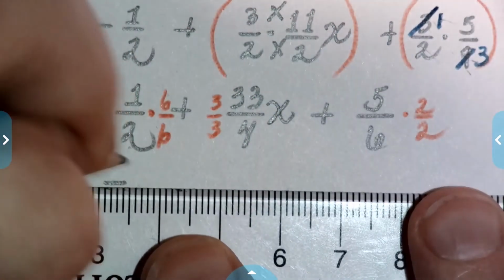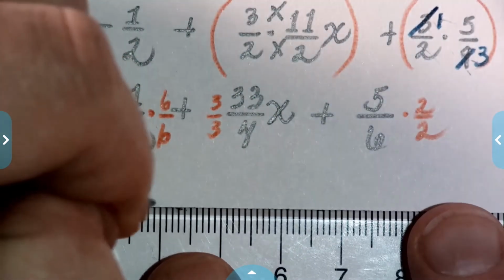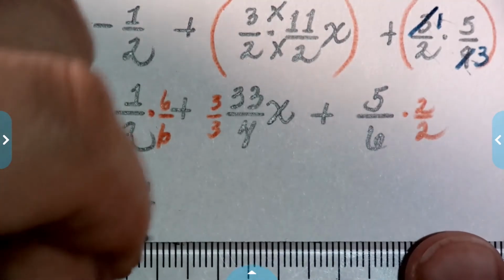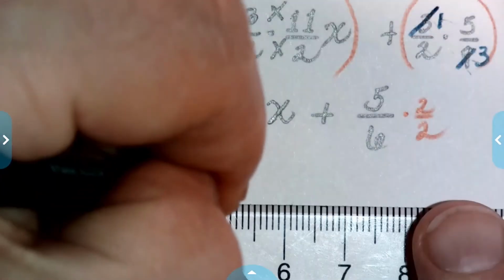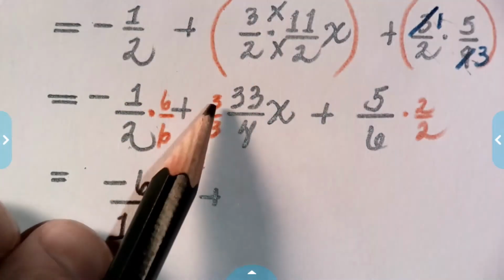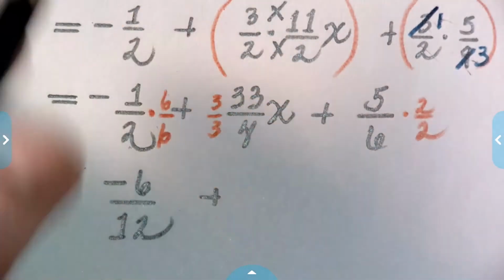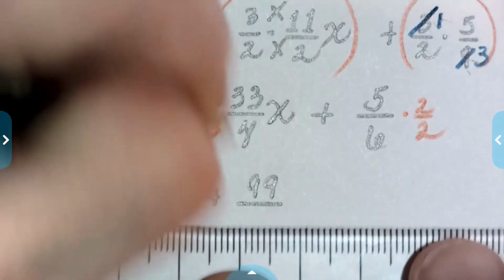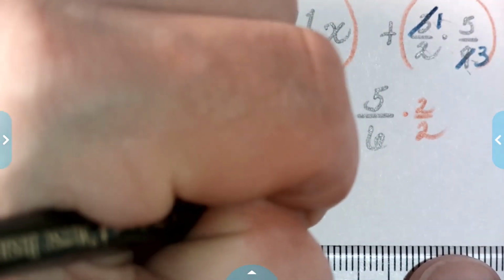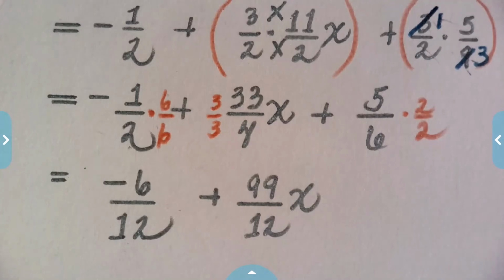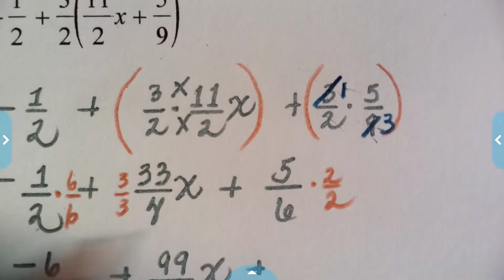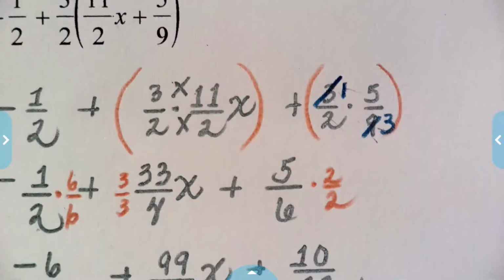So I've got negative 6 over 12 plus 3 times 33, that's going to be 99, right? 99 over 12 x plus 10 over 12. So 5 times 2 over 6 times 2. Okay.